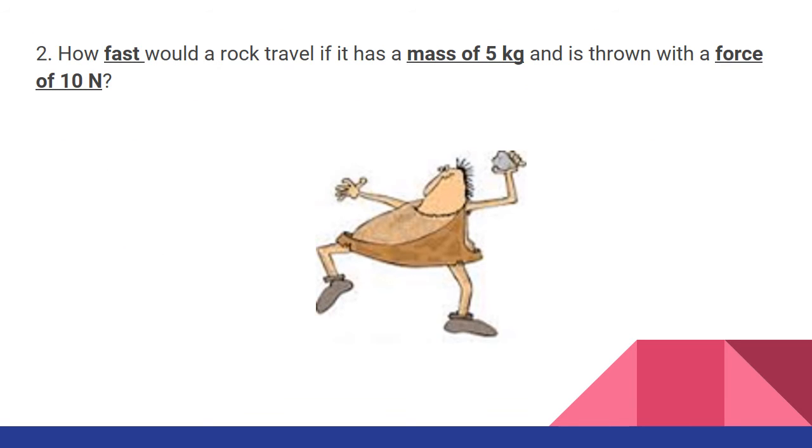This one is asking us how fast a rock would travel if it has a mass of 5 kilograms and is thrown with a force of 10 newtons. So our key word here is fast. That means this time we're looking for acceleration.